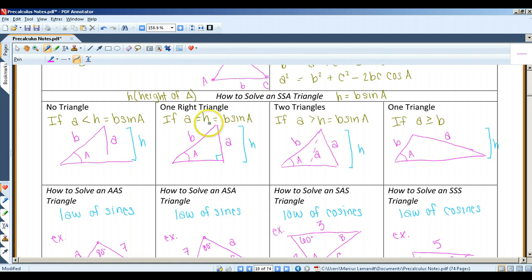If a equals h, then you have one right triangle. If a is bigger than h, then it's going to be either this way or this way, one or the other. So if it's like this, you're going to have an acute triangle. If it's like this, you're going to have an obtuse triangle. And if a is greater than or equal to b, you have one triangle. Okay?